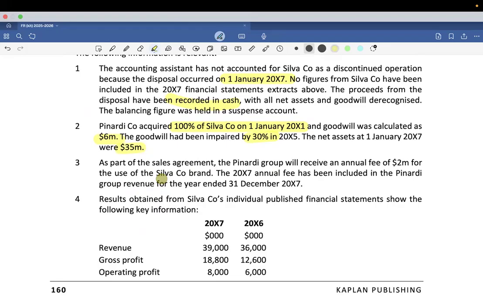The 2007 annual fee has been included in Pinadi Company's revenue for the year ended 31st December 2007.